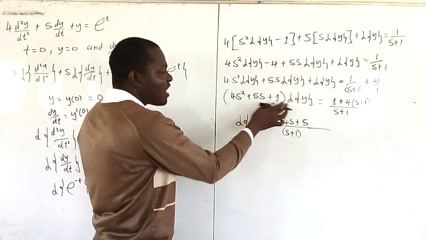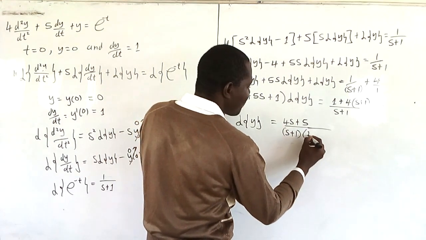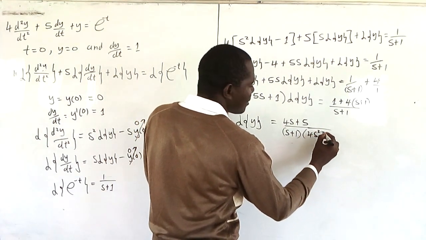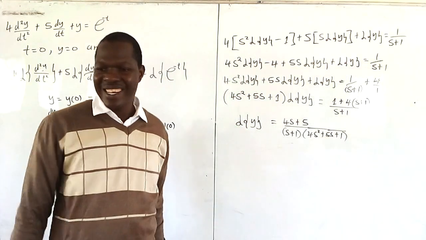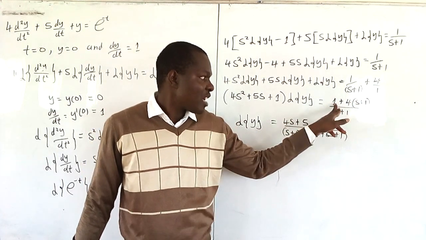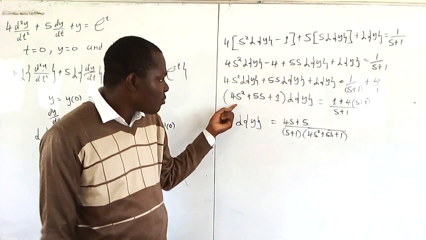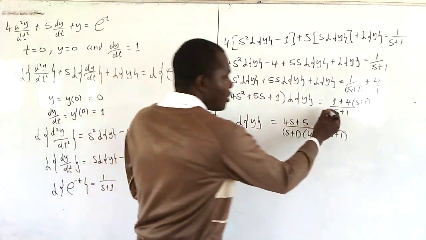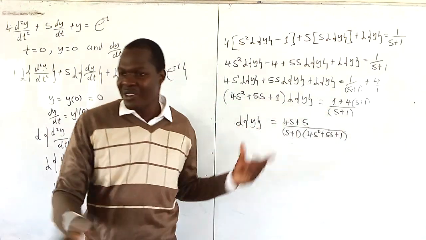Then you divide both sides by the coefficient, the 4s squared plus 5s plus 1. This numerator, if you open it, is 4s plus 4 plus 1, which is 4s plus 5, over s plus 1. This is the point where you divide both sides by the base, and then you remain with the Laplace of y.